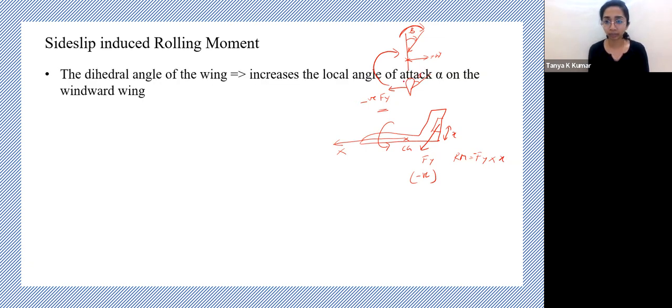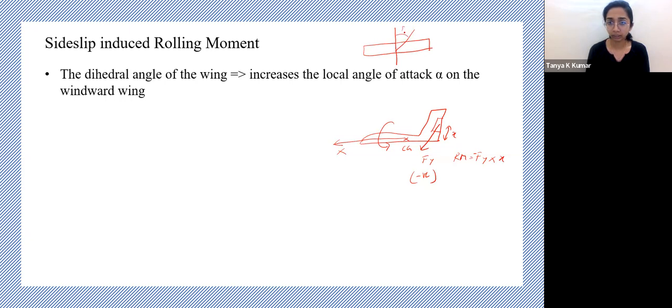Another factor is the dihedral angle of the wing. When the aircraft sees a positive side slip, the local angle of attack on the windward side, if this were your wing, increases.